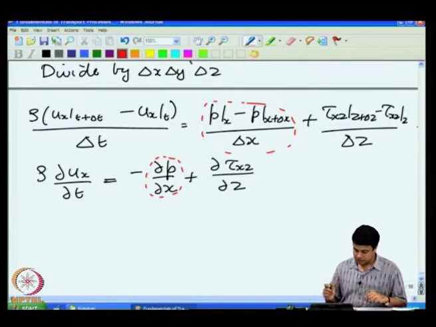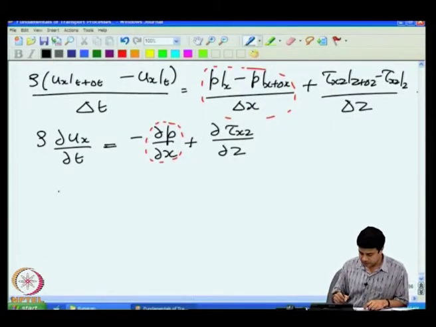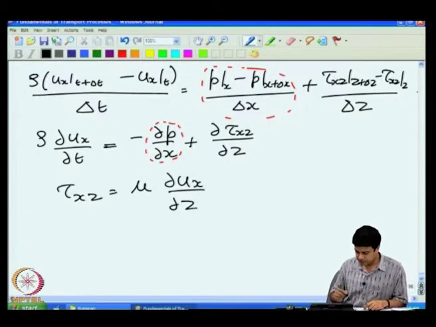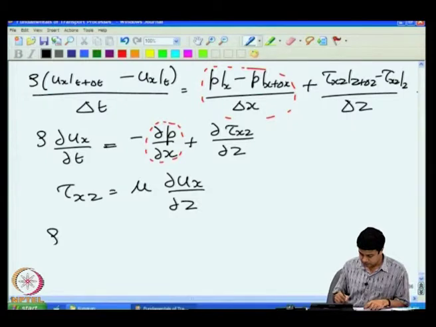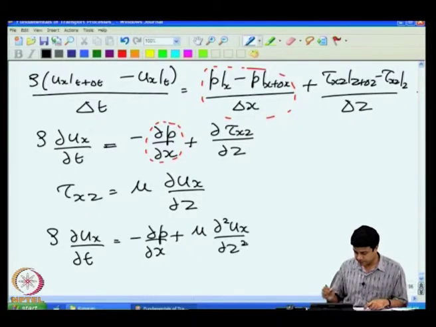And then I can use Newton's law for viscosity, tau xz is equal to mu times dux by dz, to get rho dux by dt is equal to minus dp by dx plus mu d square ux by dz square.